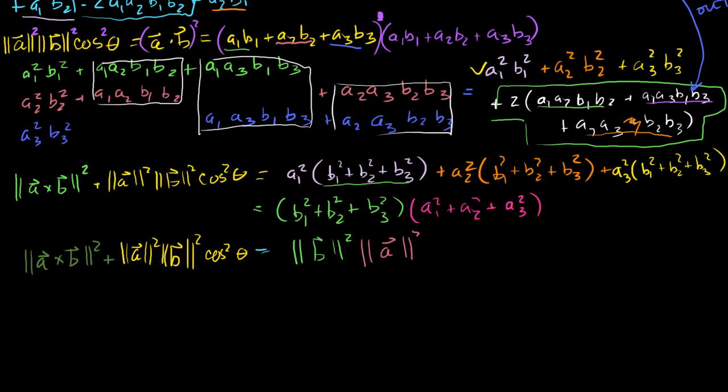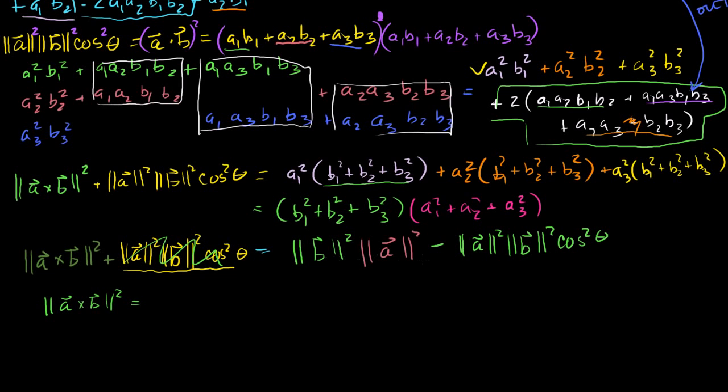Now what if we subtract this from both sides? What do we get? We get the length of a cross b squared is equal to this minus this. So if I subtract it from both sides, I'll put the minus the length of a squared times the length of b squared times the cosine squared of the angle between them.